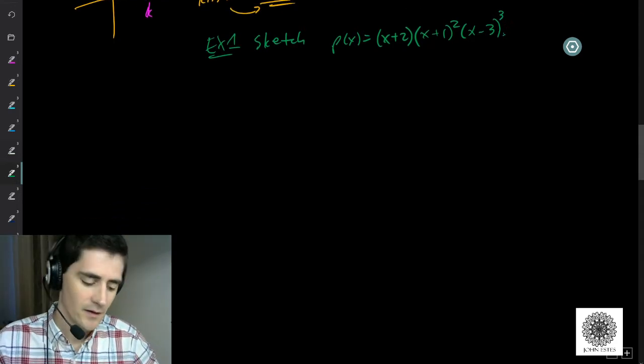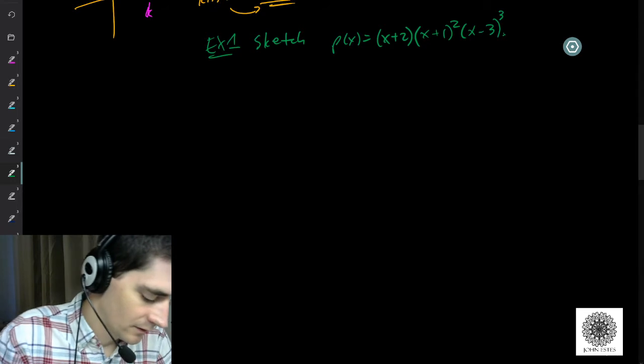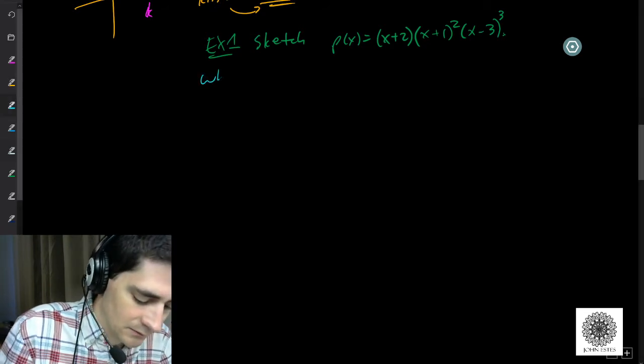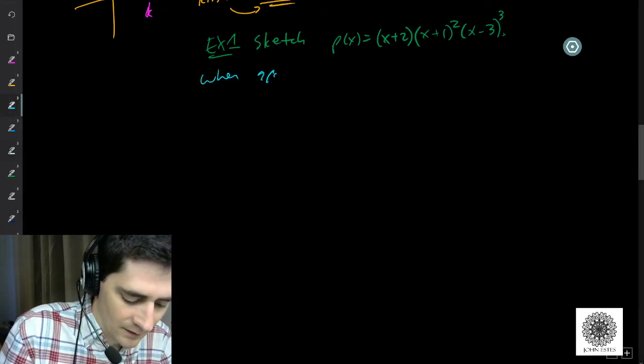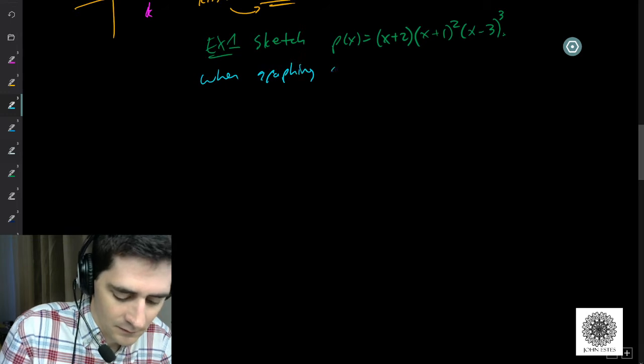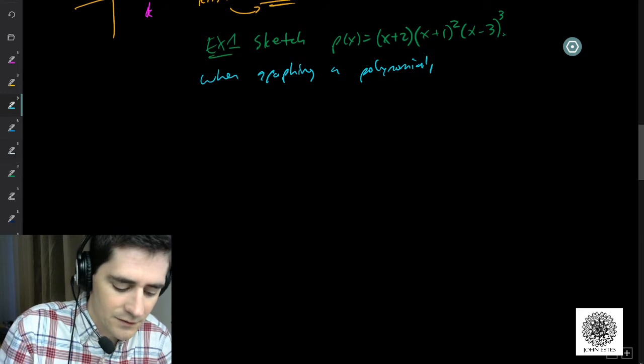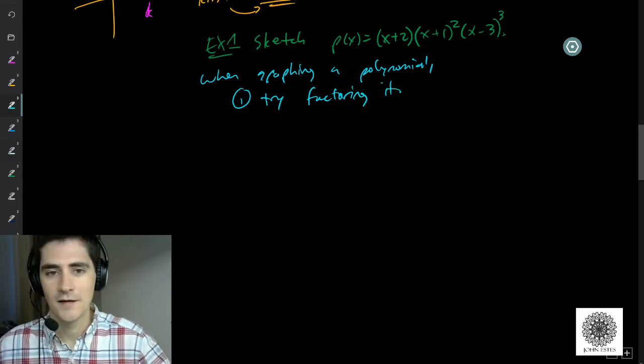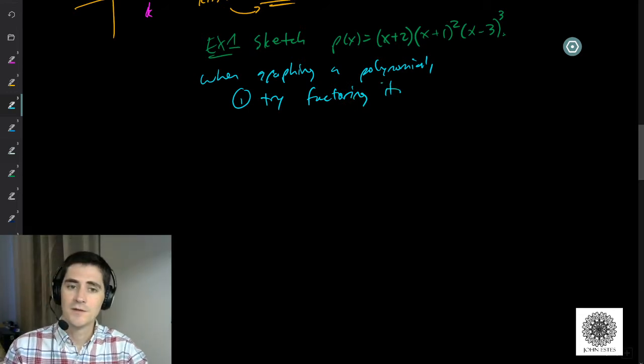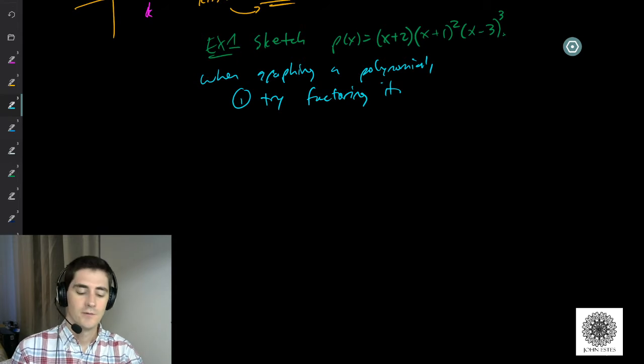All right, so when graphing a polynomial, the first thing we should try to do is try factoring it. Why? Because the factored version of the polynomial tells exactly where my zeros are, which directly relates to the x-intercepts, and my graph, right?